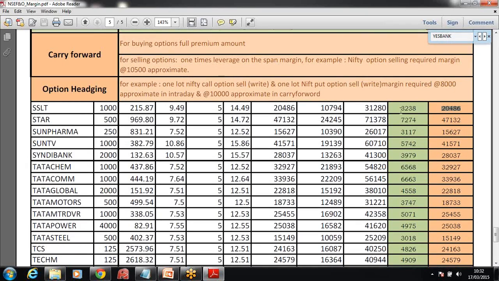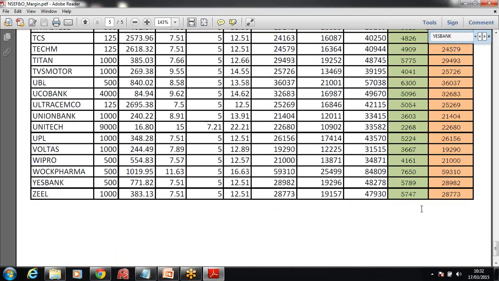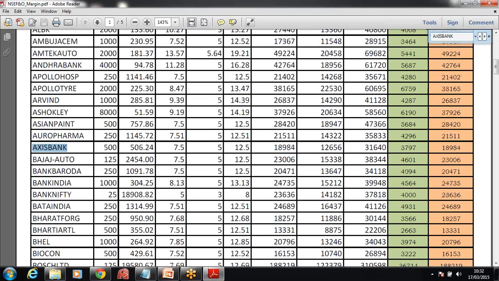This is the carryover margin and this is the intraday margin. So for one lot of Yes Bank, I will have to have 28,000 rupees in my account. And next comes Axis Bank. You'll have to buy one lot of Axis Bank also. Axis Bank costs me around 18,000 rupees.